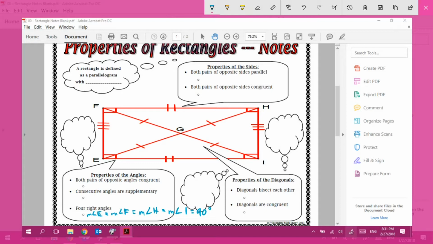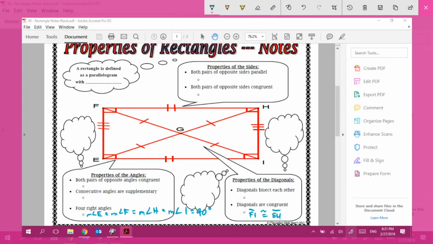Good. And then there's one more difference, and that is that diagonals are congruent. In our picture, what's one of the diagonals? FI. And FI is going to be congruent to EH. Now, why is that? Because it's a rectangle.